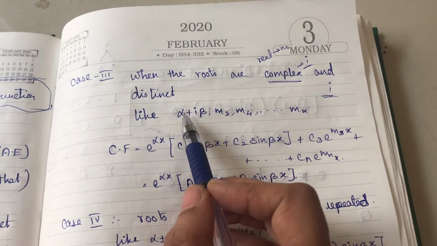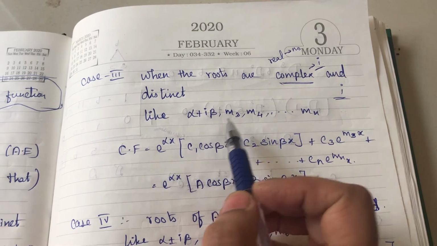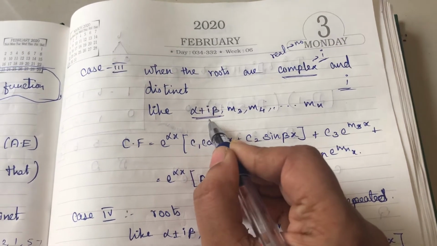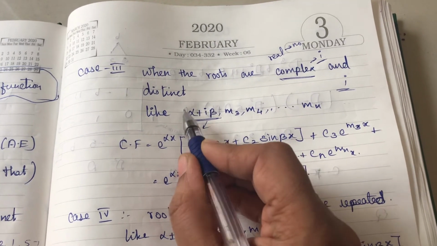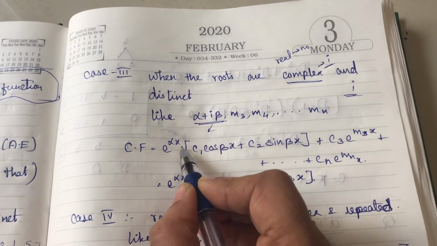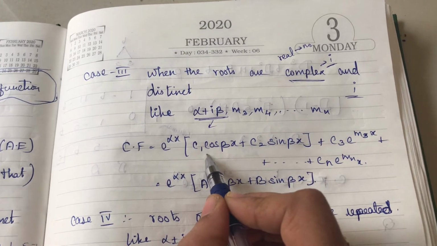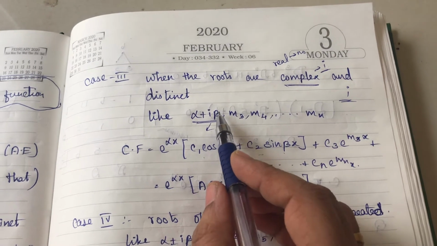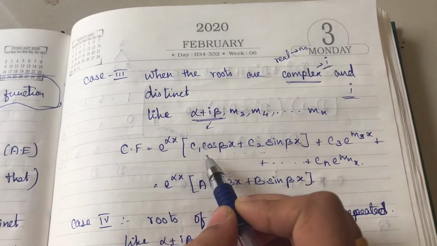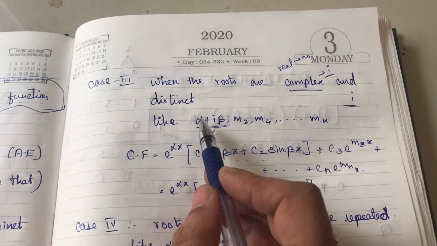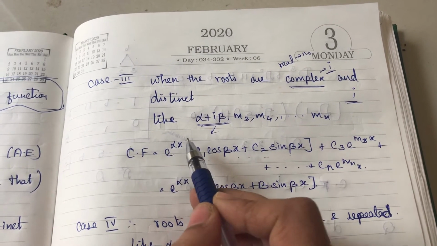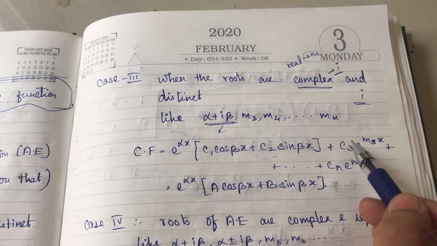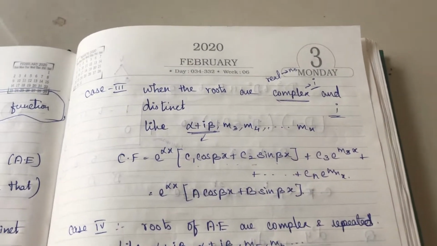So like you can see here, alpha plus i beta and another root, we can easily say it as e power alpha x, c1 cos bx plus c2 sin bx. Beta should be written in the cos and sin, but alpha in e power alpha x, that's it. And these are the same thing, a constant into e power mx.